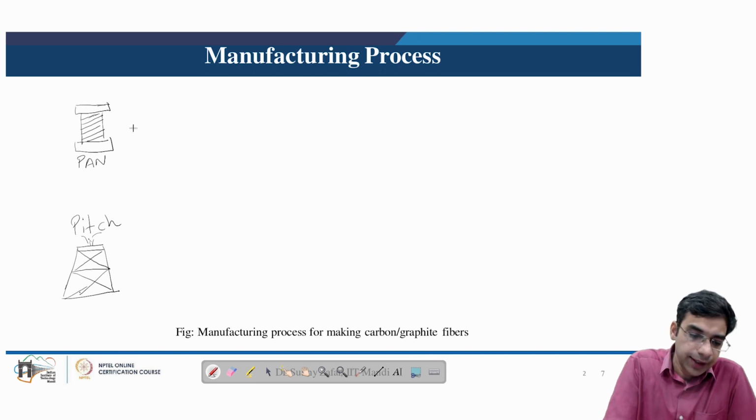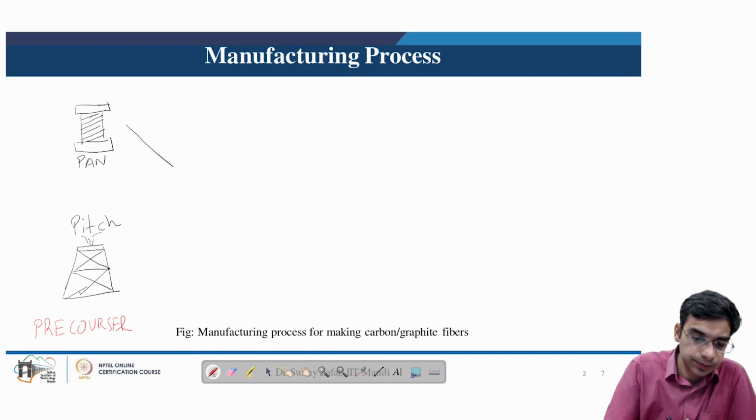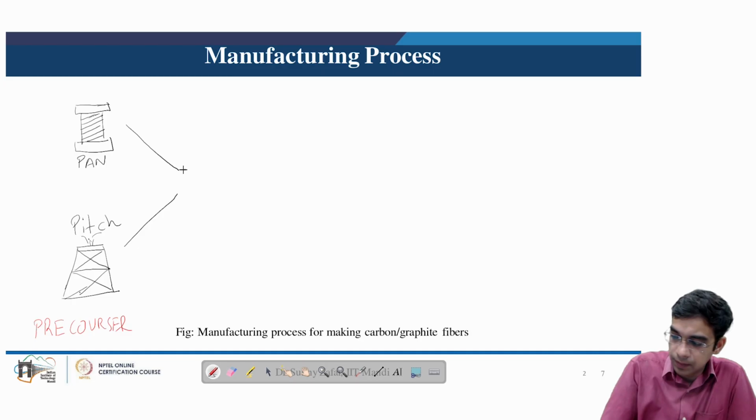So by using either of these precursors, we can say this is the precursor, we can take either of these and then the process is common. So the first stage involves the stabilization, as we have just discussed.